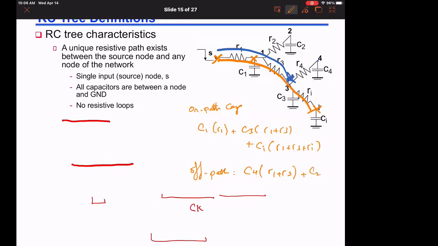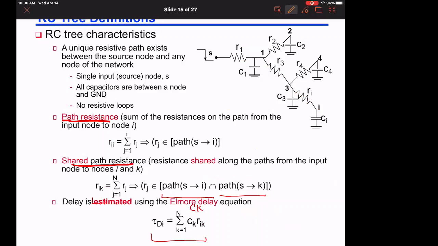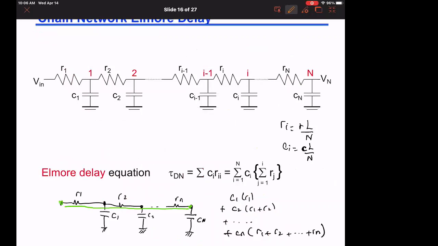And we said that the time constant tau is the summation of Ci times the effective R for each resistor, and then from this time constant I can find my delays. Then we derived the case of the wire.